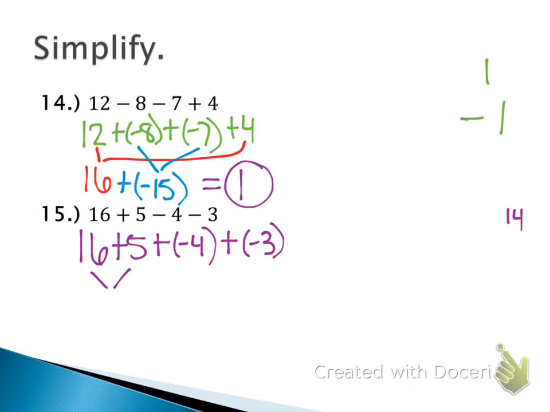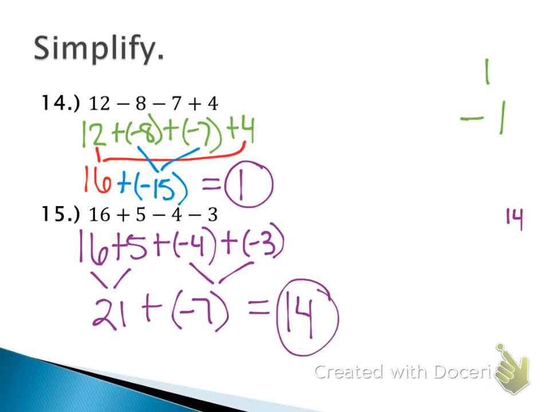So 16 plus 5 is 21, plus negative 4 plus negative 3 is negative 7. We have different signs, so we subtract and keep the sign of the bigger number. That does end up giving us a positive 14. Good job, class.